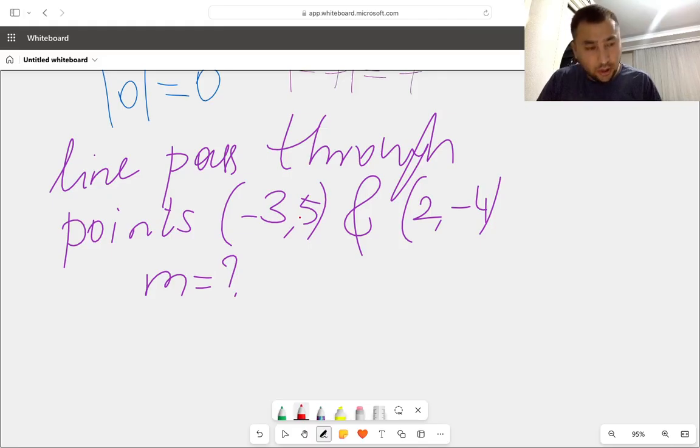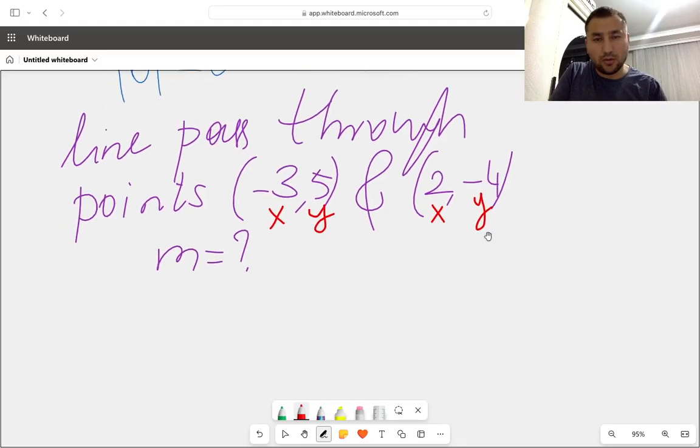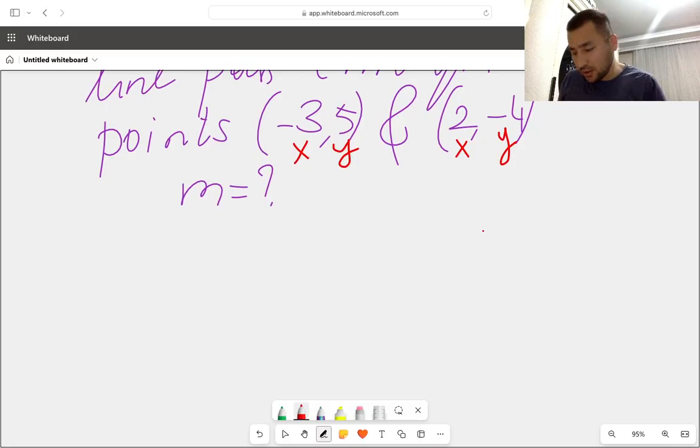Let me show you. When you describe a point, first you give the x coordinate and then you give the y coordinate. Again, x coordinate and then y coordinate. So what are we going to do? Let me hold down like this and let me write below.